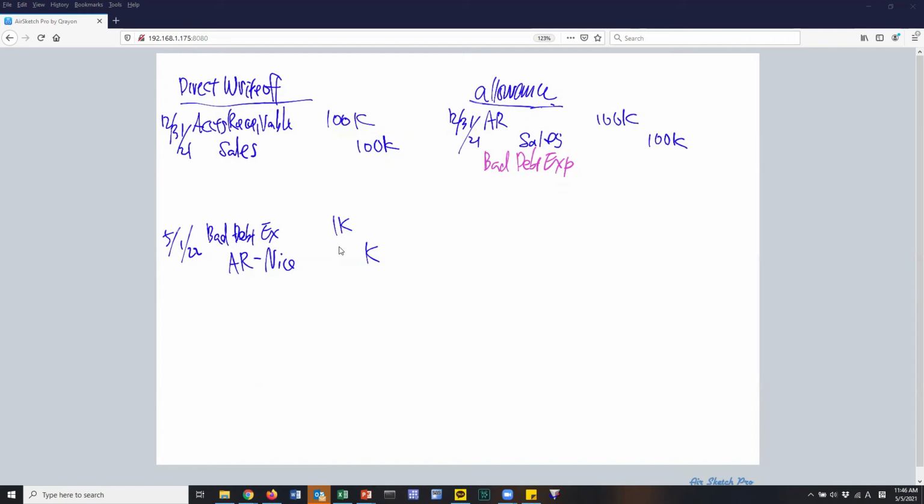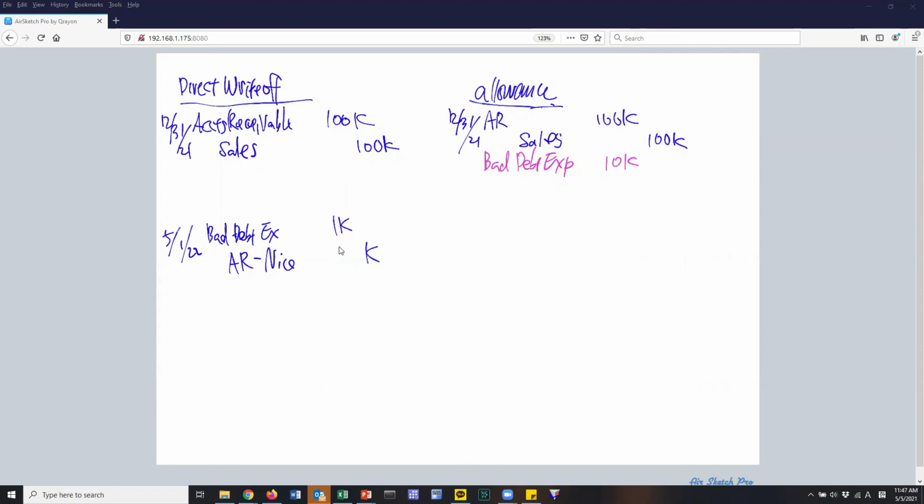Then maybe I should set aside money of 10% of 100, which is 10K, right? And then set aside money rather than directly writing off the accounts receivable of individual customers for no reason, right? I'm making a guess. I cannot label some random individuals as my customers as bad guys. No, it's not fair, right?